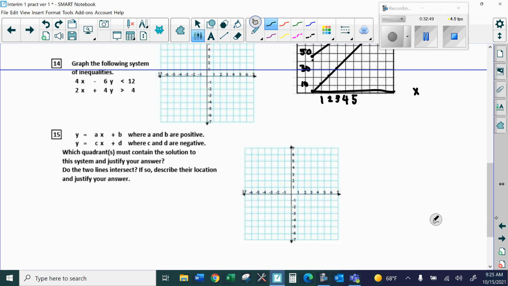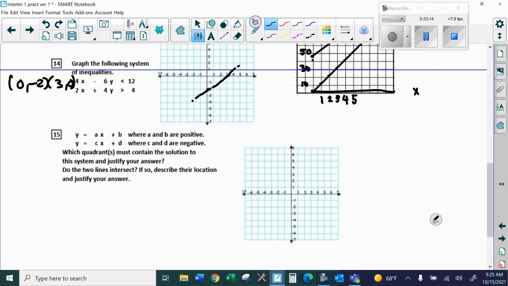Okay, graph the following system of inequalities. Okay, again, we have them in standard form. Easiest points to plot, x and y intercepts. So if x is 0, y is -2. If y is 0, x is 3. So 0, -2, right there, and 3, 0, right there. Okay, and it's not underlined, so it's a dashed line.